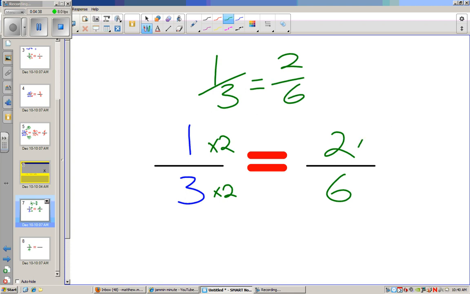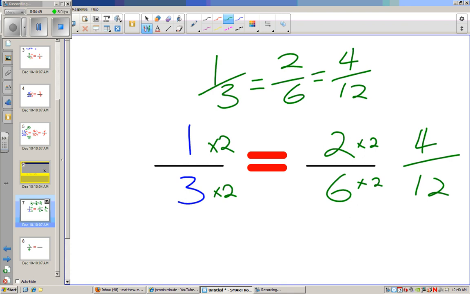Now I could go another step and multiply by 2 again, and I end up with 4/12. Well, that means 1/3 is the same as 2/6 is the same as 4/12. They all equal the same thing. Because I did the same thing to the numerator and the denominator and used the same number, I end up with the same fraction. It's just bigger ones.